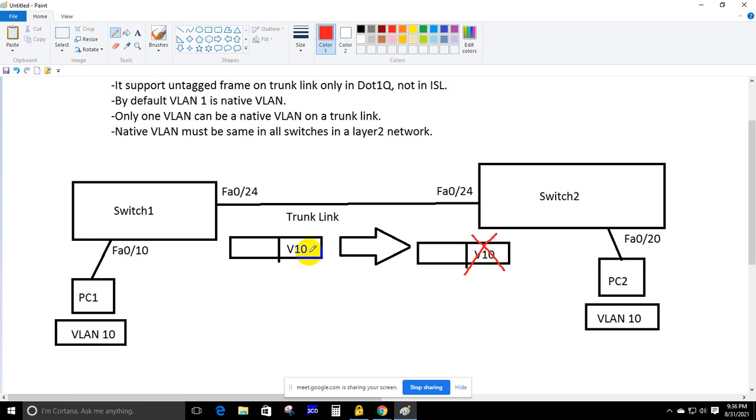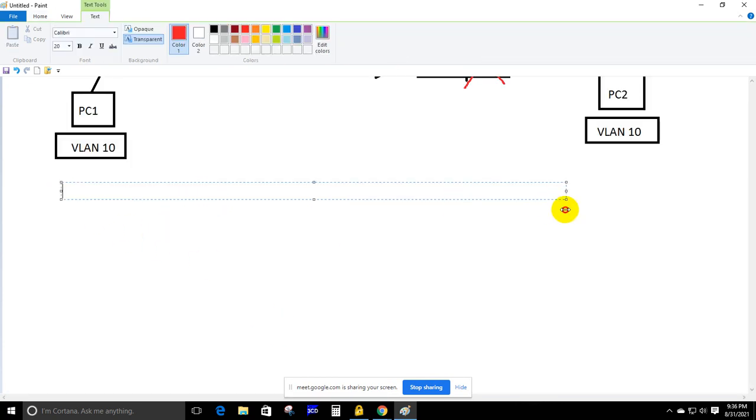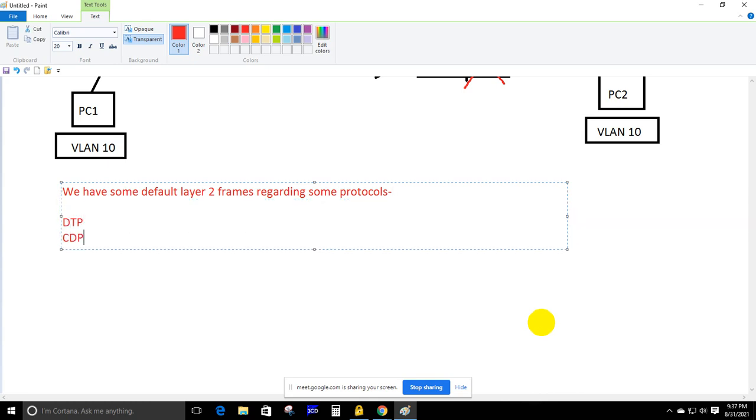So why do we need native VLAN? See, we have some default layer 2 frames regarding some protocols like DTP, CDP, LLDP: Dynamic Trunking Protocol, Cisco Discovery Protocol, Link Layer Discovery Protocol.